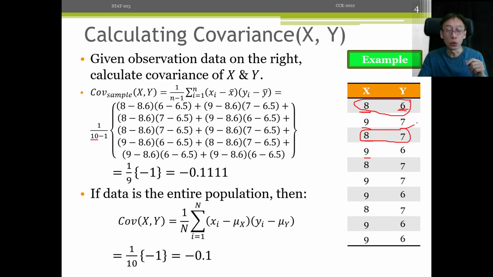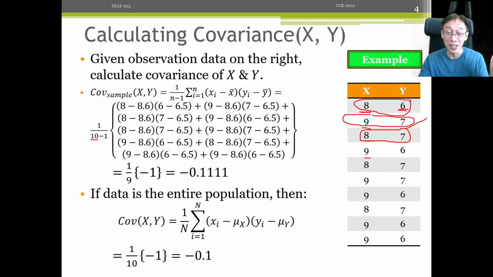In two random variable situations, or we call it two population situations, we look at a pair of numbers to see if they are the same. So we don't look at 8 and 8 and say, oh, it's repeated. We look at the pair itself as a distinct point. There are also points that are repeated, for example, here, 9 and 7.